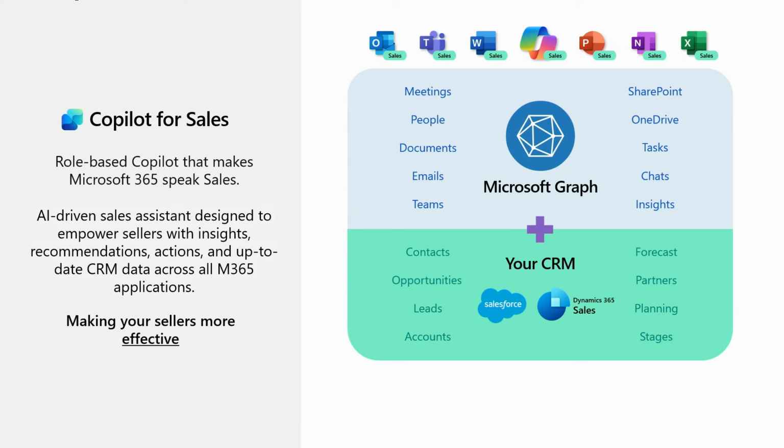The idea here is that there are a lot of these different Copilots out there, and organizations are trying to figure out how to connect them and how they all work together. With Copilot for Sales, when you as an organization are rolling out your Copilot, you only worry about one Copilot for the type of roles that you have in your organization. So Copilot for Sales for your sellers, Copilot for customer service for your customer service agents, Copilot for finance for your finance department, and so forth.